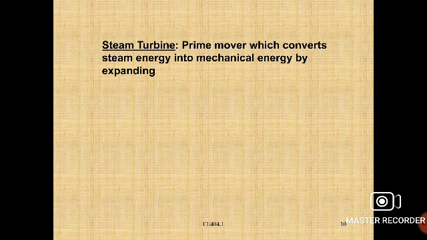So the steam turbine is mainly a prime mover in which the heat energy in the steam is converted into kinetic energy. The kinetic energy is absorbed by the turbine blades to rotate the shaft while steam flows through the turbine.